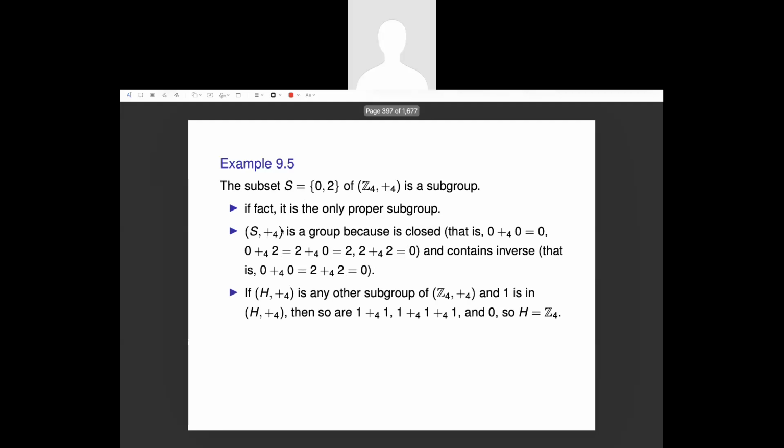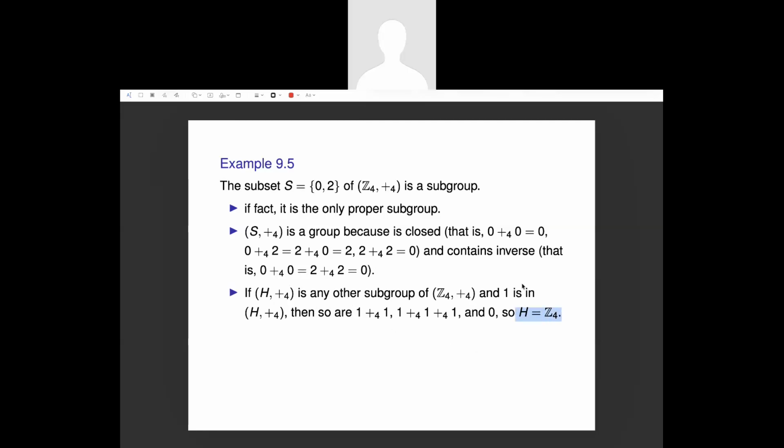Suppose H is any other subgroup of Z4 and 1 is in H. If 1 belongs to H, then 1 plus 1, 1 plus 1 plus 1 and so on, and 0 are there. So H is clearly Z4. So the only possibility is that H is equal to Z4.